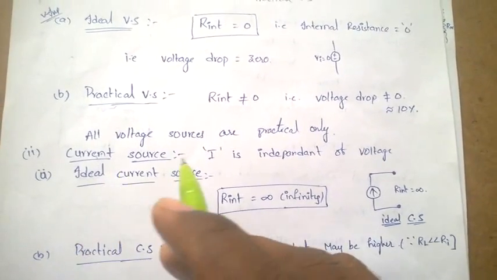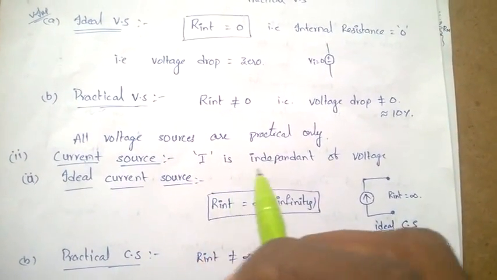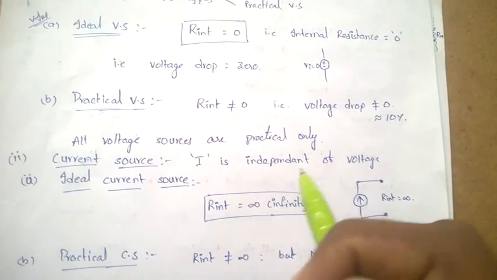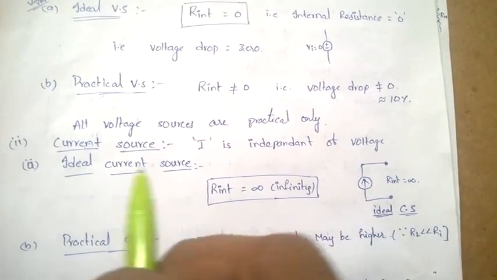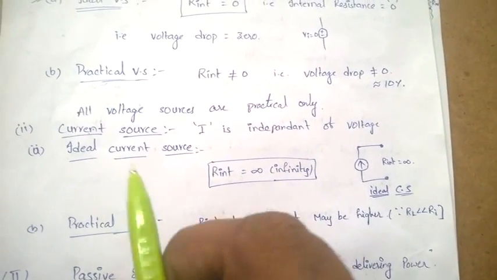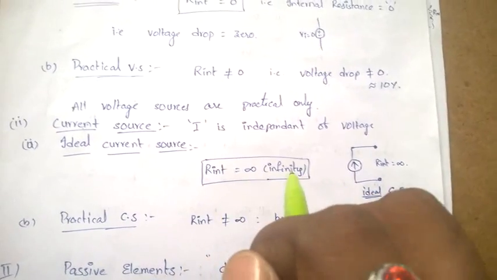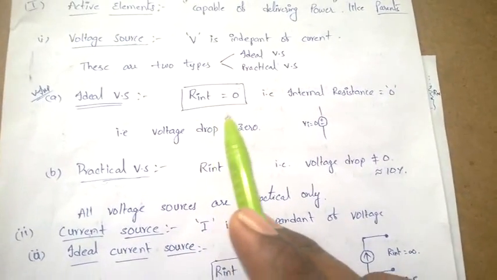Next, coming to the current source, the source in which current is independent of voltage. These are also two types: ideal current source and practical current source. In case of ideal current source, the internal resistance is infinity, but in case of ideal voltage source, internal resistance is zero.